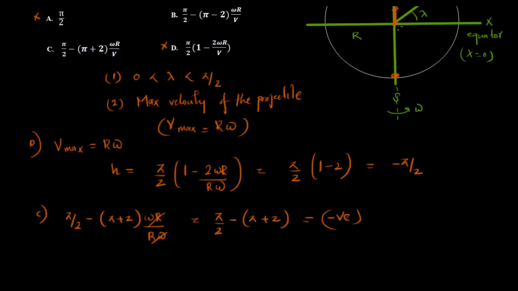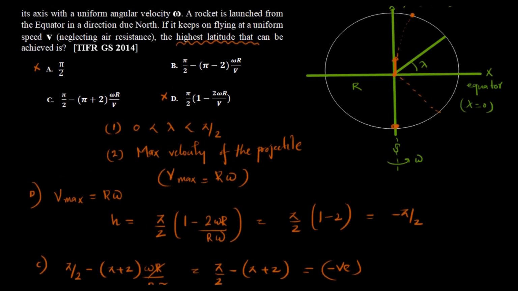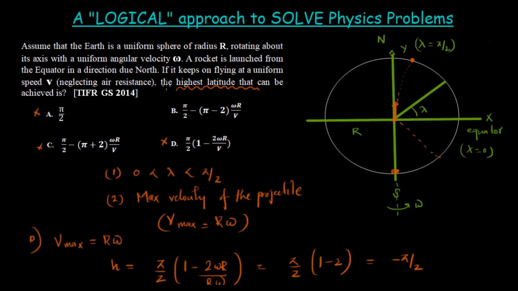That means it is somewhere here, which is not correct. So, assuming the projectile will be somewhere around this point of latitude, the maximum latitude this projectile can reach will be pi by 2 minus pi minus 2 omega r by v.